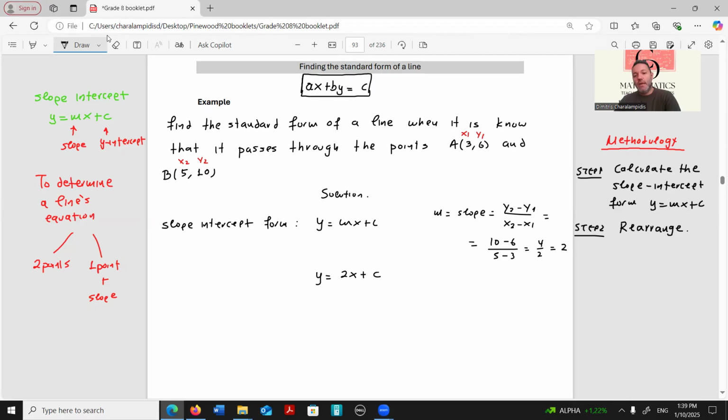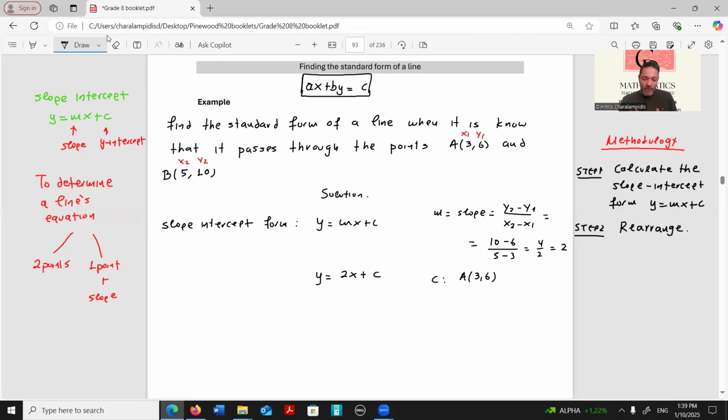In order to calculate the value of c, I need to use a point. Any of them could work. So I'm going to use point A. What do we mean by use point A? There was a poem regarding a line's point, which goes as follows. A point lies on a line when its coordinates satisfy the line's equation.